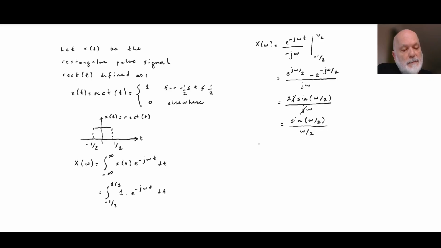Okay, let us express sine omega over 2 in terms of its Taylor series expansion.